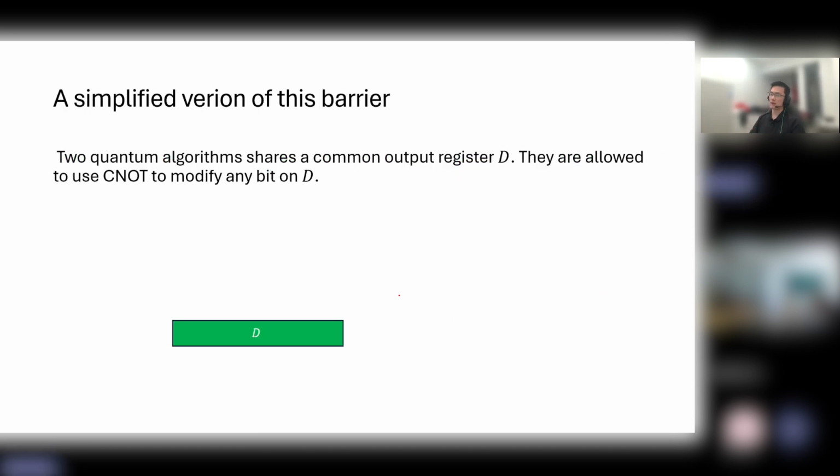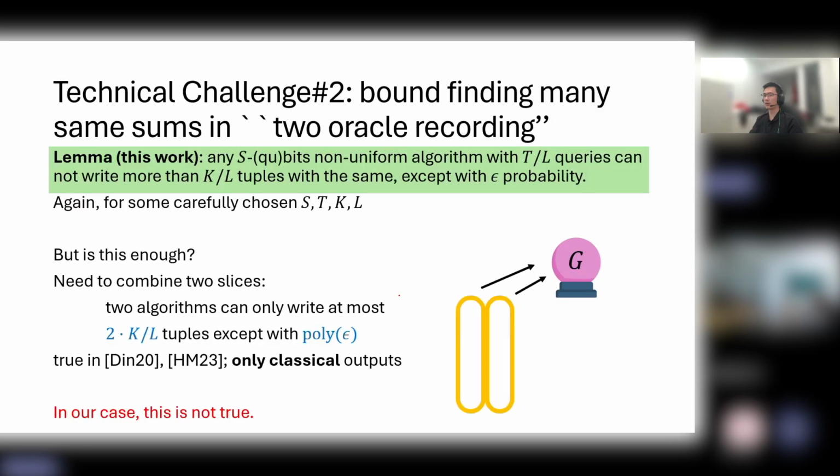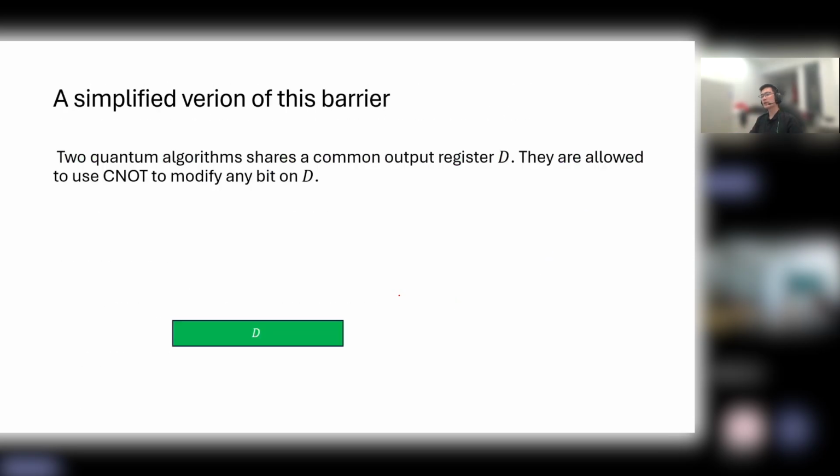So now let's consider a very simple problem. This will capture the idea of this technical challenge. Let's say there are 2 quantum algorithms. They share a common output register D. They are allowed to use CNOT to modify D. Basically, you can apply a CNOT where the target is on D and the control is on the algorithm.